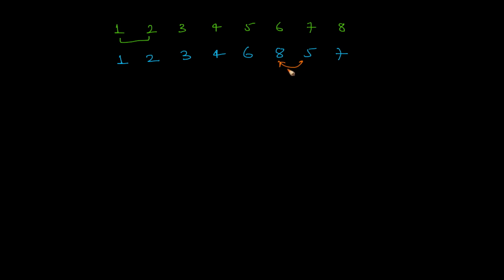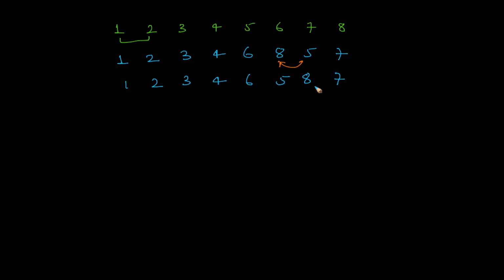In the next iteration, we are going to have something like 1 2 3 4 6, and this will be swapped, right? So 5 will come here and 8 will come here, and 7 will be here only. Again we see that 8 is bigger than 7, so we swap here also.